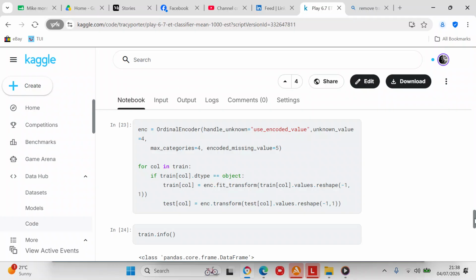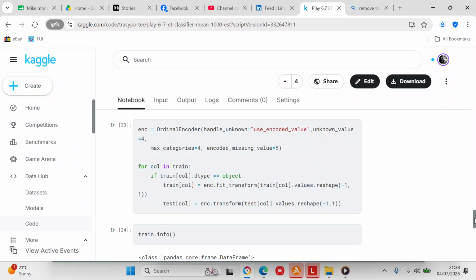Max categories is 4. Encoded missing value equals 5. And there's lots of ways that you can impute. I just used one way to impute the missing data, and I decided that the best way to do it in the training data set was just remove all of the null values.